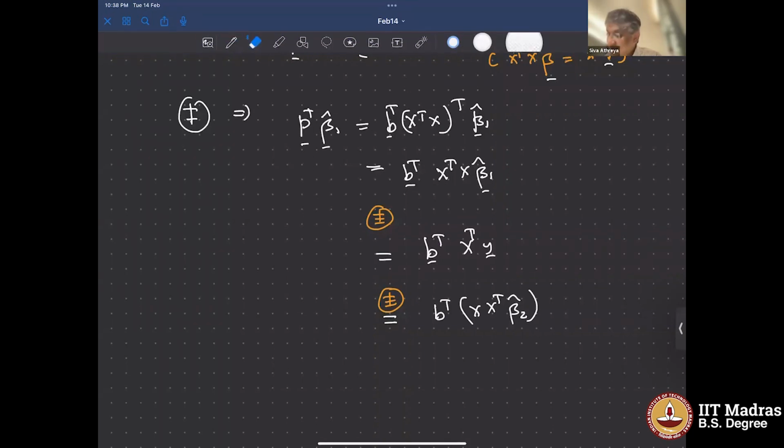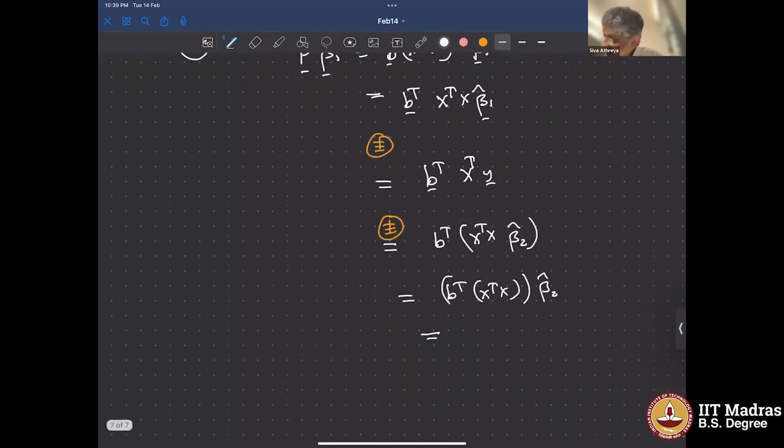But that's the same as B transpose times X transpose X times beta 2 hat, and that's the same as P transpose beta 2 hat.